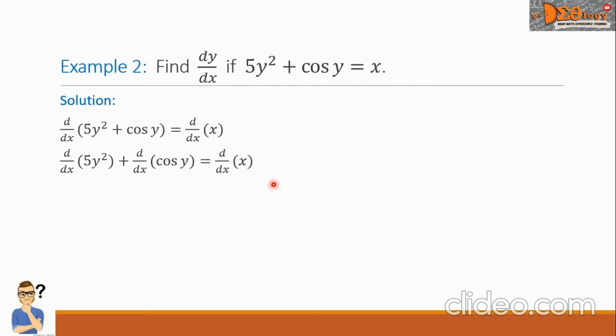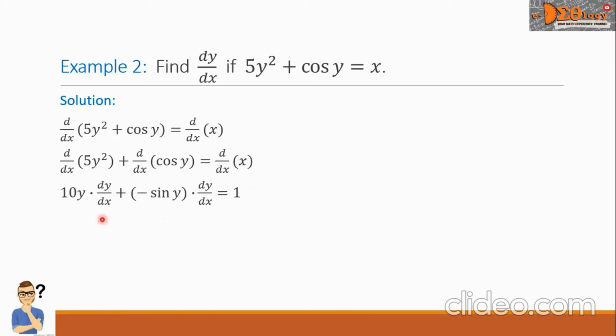Let us now take the derivative of each of the functions. So we have 10y times dy over dx plus the derivative of cosine y, which is negative sine y times dy over dx, equals the derivative of x, which is 1.